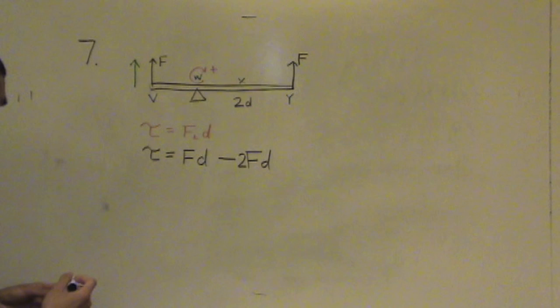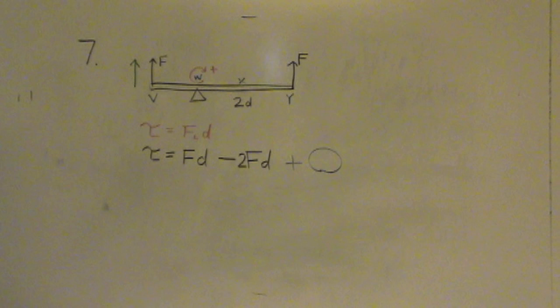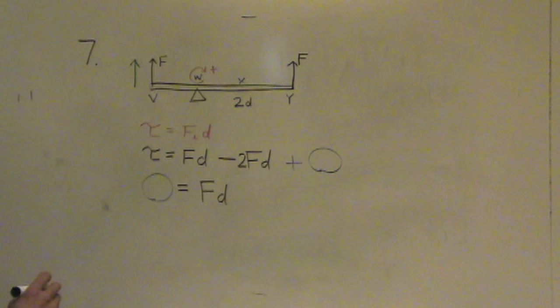When we sum all the torques together, the force at point V becomes Fd, and the force at point Y becomes negative 2Fd. The third torque, shown here by a blue circle, has to be Fd in order for the system to be in equilibrium, which just means that the sum of all torque is 0.